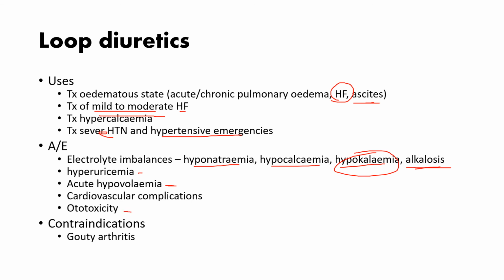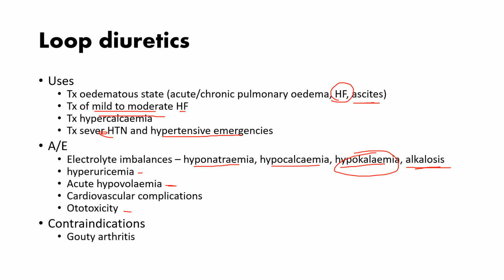Ototoxicity. So this mainly applies to ethacrynic acid, as I discussed, 2 slides prior, I think. So ethacrynic acid is a type of loop diuretic that has ototoxic effects. So it's toxic to the ear and the auditory nerve that supplies the ear.